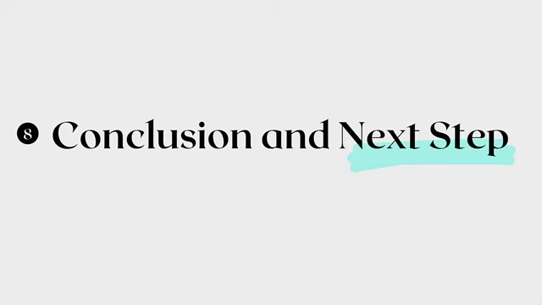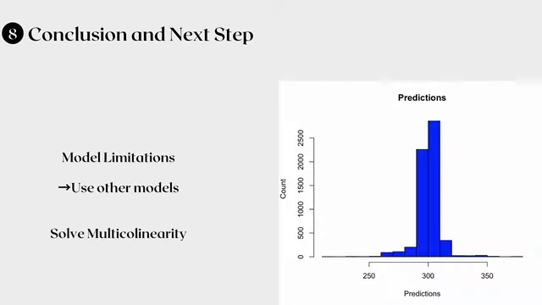Finally, conclusion and next steps. The data suggests that the models used for predicting household expenditures are quite similar and not very diverse. This means they tend to produce similar predictions most of the time.